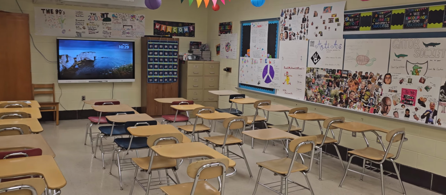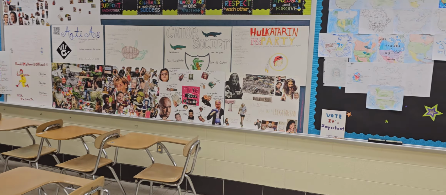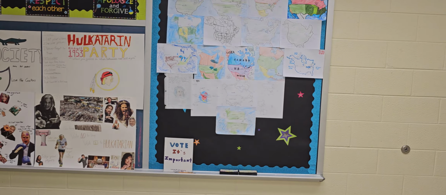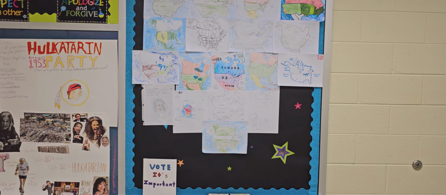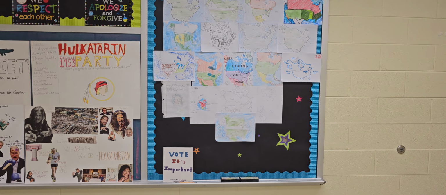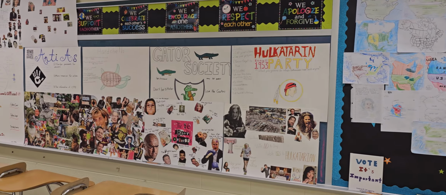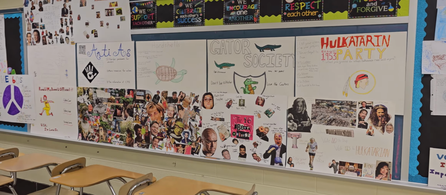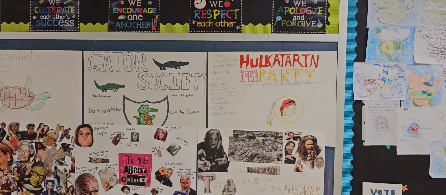Let me show you the decorations slash projects that the kids have done. This first one is a very simple one, world geography. I had them hand draw a map and color it, and put them up. The next ones are a little more intricate. These are some U.S. government projects. They had to create a political party.